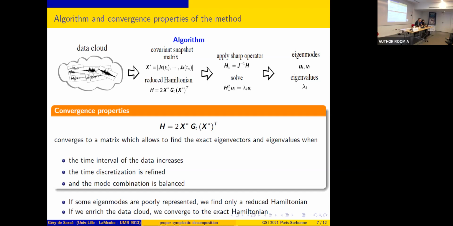Of course, if some eigenmodes are poorly represented in the data, we find only a reduced Hamiltonian. But the interest of this method is that we can improve it if we enrich the data cloud. We converge to the exact Hamiltonian matrix.